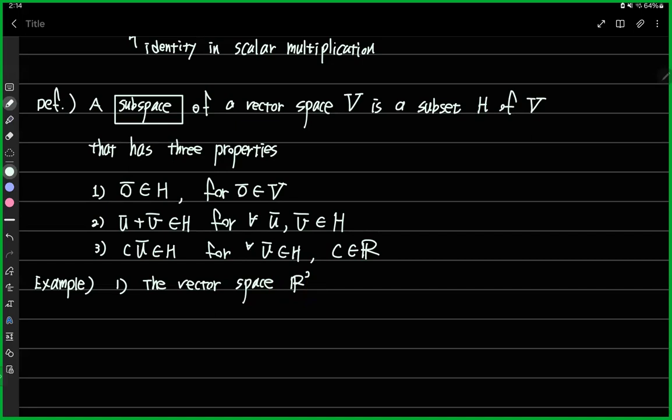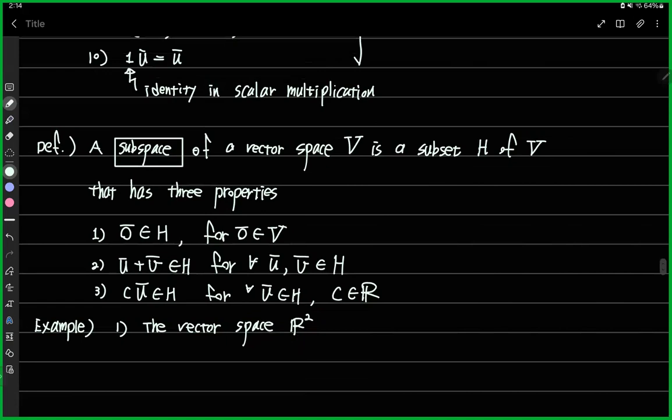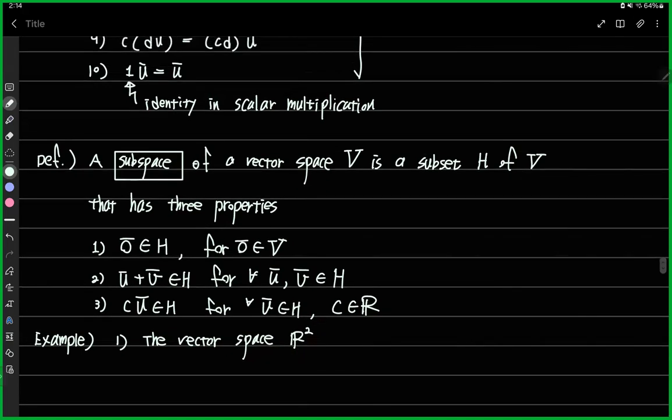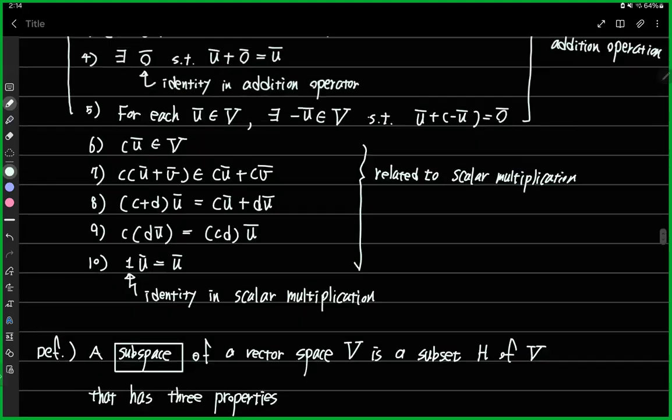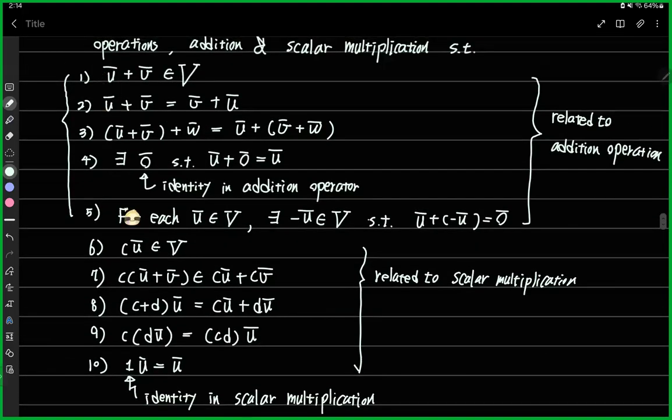Is R2 a vector space? Yes. R2 is a vector space. If you wonder whether R2 is a vector space, please check the condition statements 1 through 10.